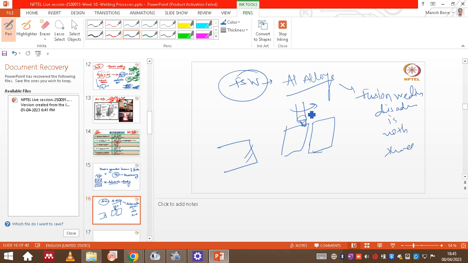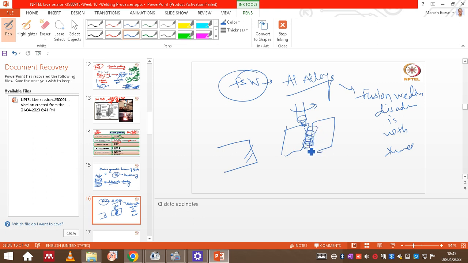Okay, and as I said, once the tool is plunging into the interfaces, the material from one place starts going to another side, right? I will tell that in detail in the next session, which one is the advancing and which one is the retreating side. So obviously material will flow from one side to another side.